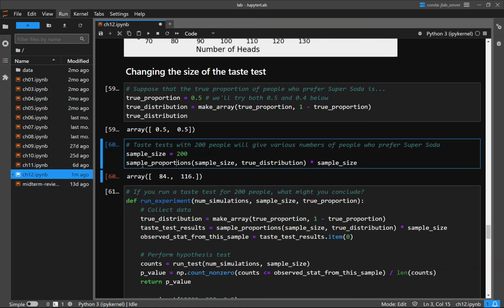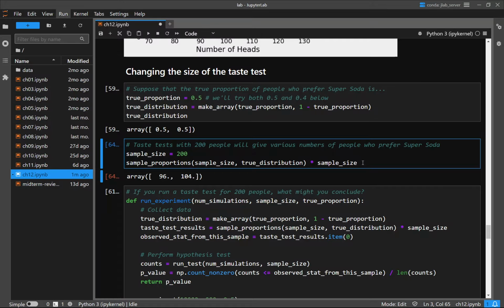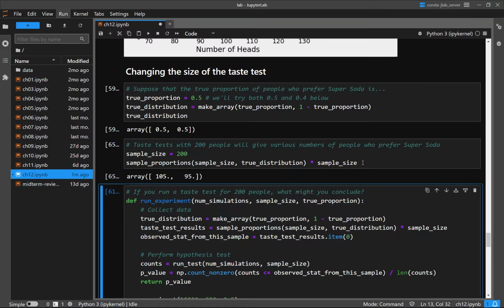But if you do sample proportions with your distribution, with size 200, you're going to get back percentages, right? Okay, this many people like super soda, this many did not, with your 50-50 split. But if you multiply that by the sample size, you'll get how many people, which is nice. So like 96 people like super soda, 104 did not like it. 105 people like super soda, 95 did not like it under these assumptions. Okay, so that's what's happening.